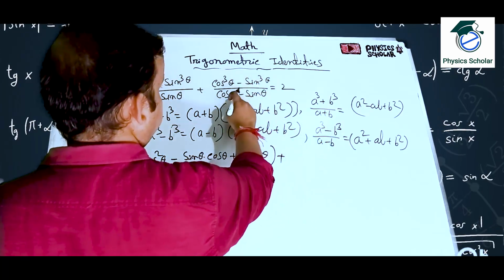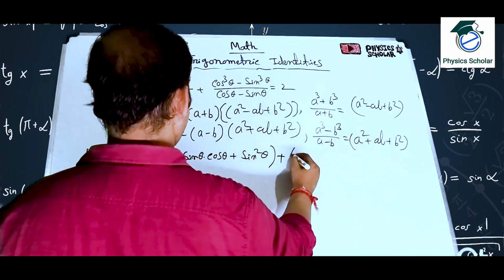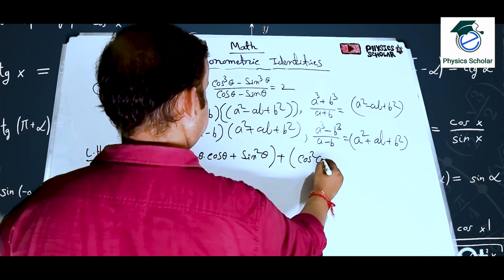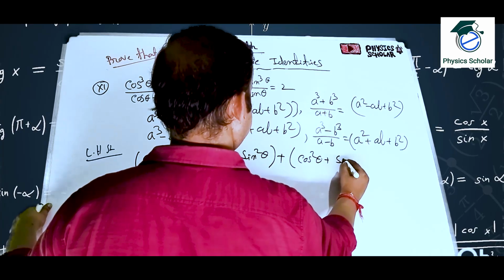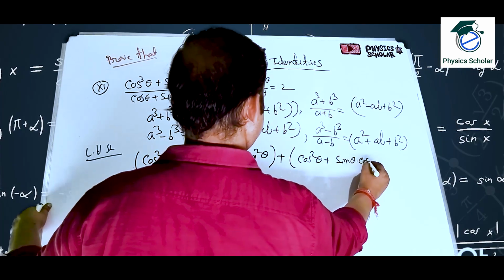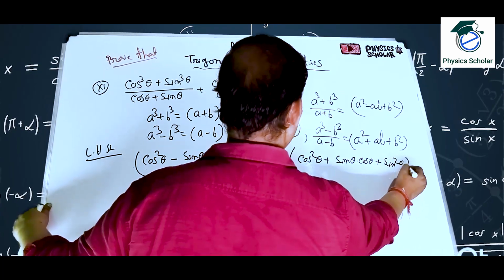(a³ − b³)/(a − b). What we can write? a² + ab + b². So what is a²? cos²θ plus ab means sin θ into cos θ plus sin²θ. Clear?